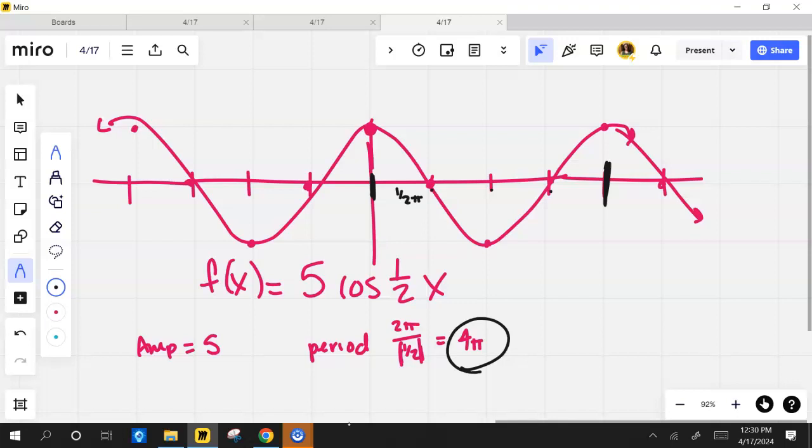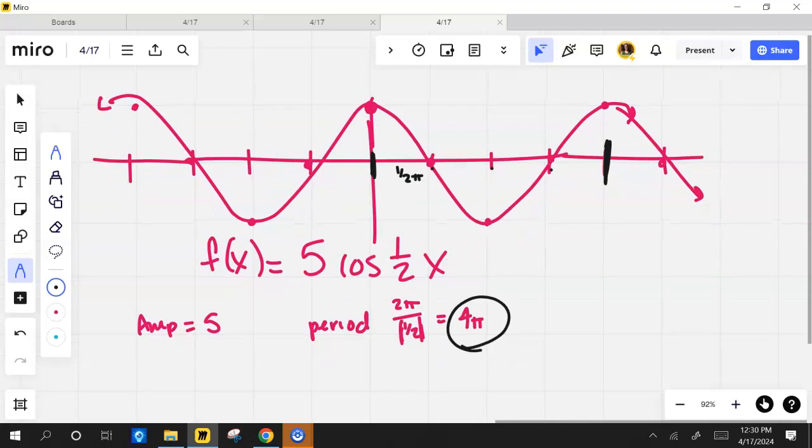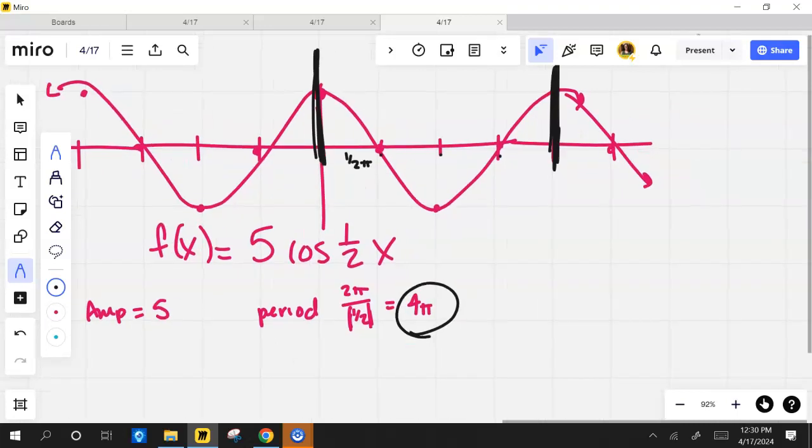Here's the way I usually do it. I look at the parent and think about it. If I can just pick up enough of the pattern to figure it out, I can get the rest of it, because they're always equally spaced: up, 0, down, 0, up, 0, down, 0, right? That's the way they're always going to be. So if this is 4 pi up top, my period is 2 pi, right?